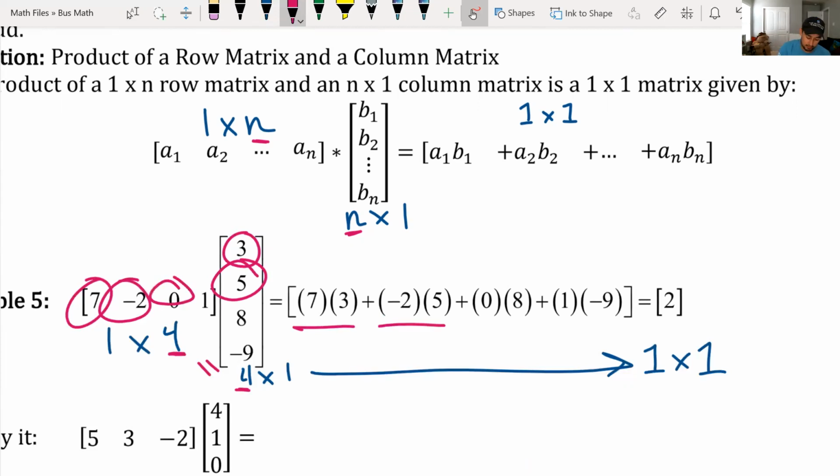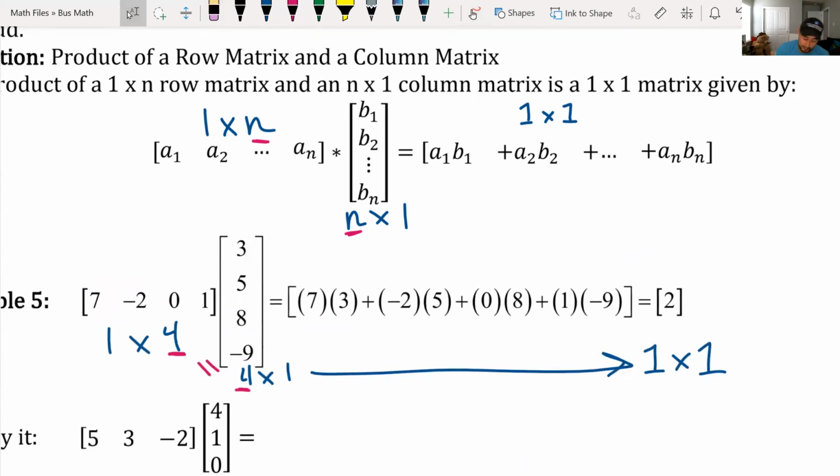And then again, 0 times 8 plus 1 times negative 9, bam. Multiply them, add them, you get 2. Okay, that's it. Which means let's practice on ours down below.